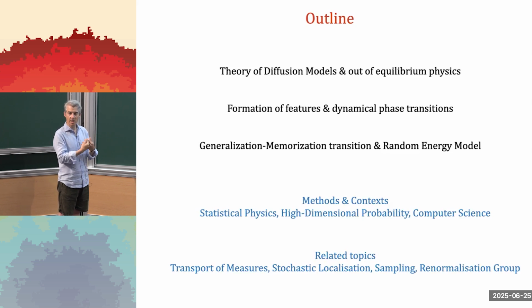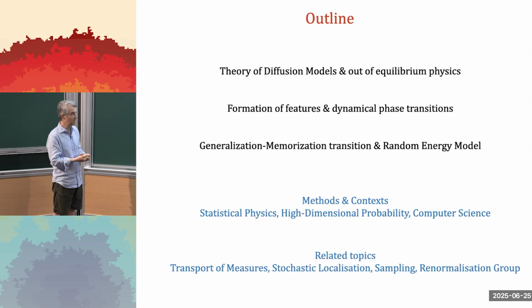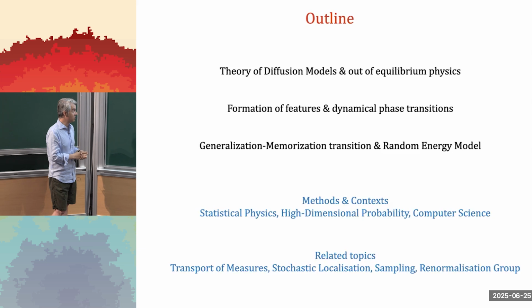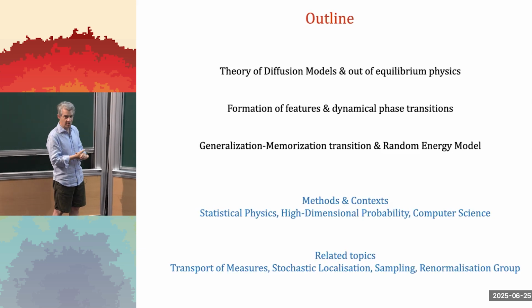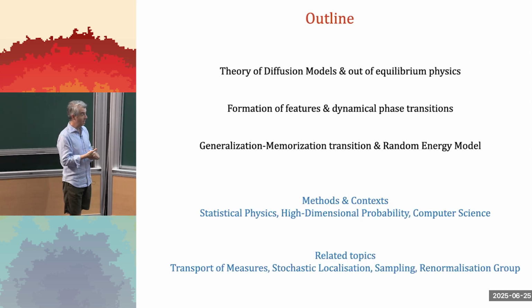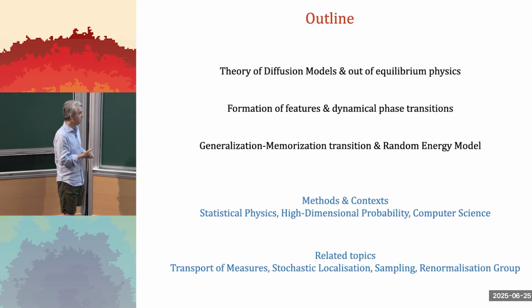So we want to understand why these models are generating faithful data, good data. But this is related to other problems in probability, for example, transport of measure, because what we are doing is creating transport from a difficult measure to a simple measure and back. It's related to something called stochastic localization, which I will not describe, but if you want to know more, Thierry works on this.